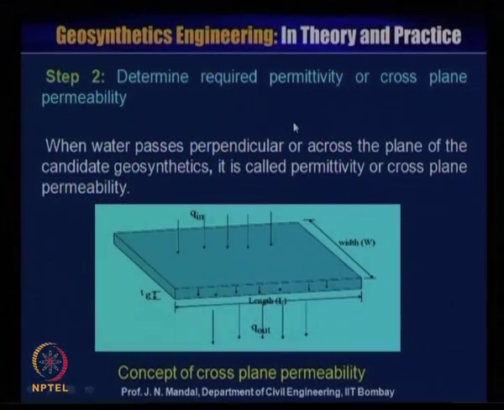Now, second, you have to determine the required permittivity or cross plane permeability, because when water passes perpendicular or across the plane of the candidate geosynthetics, it is called permittivity or cross plane permeability. You can see this figure showing the concept of cross plane permeability, which we have discussed earlier.